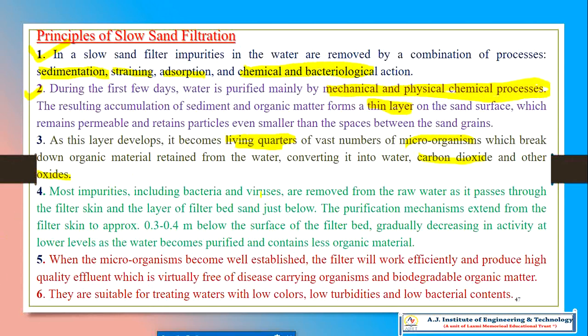The raw water passes through the filter skin layer, the schmutzdecke, and then the sand below.